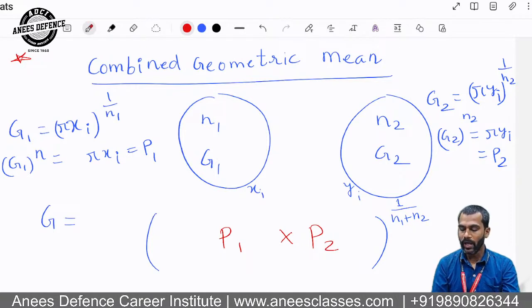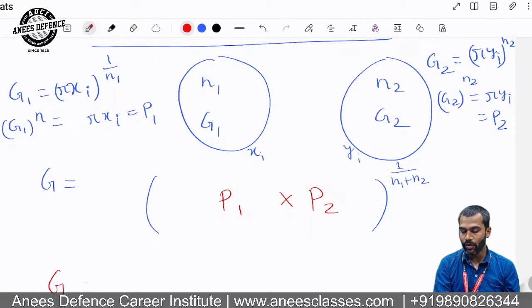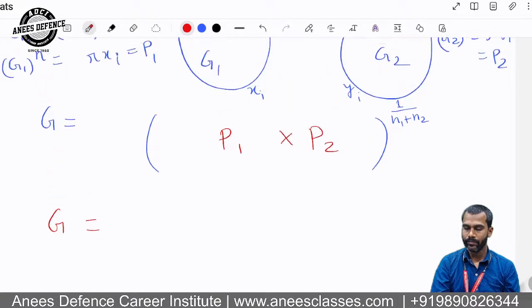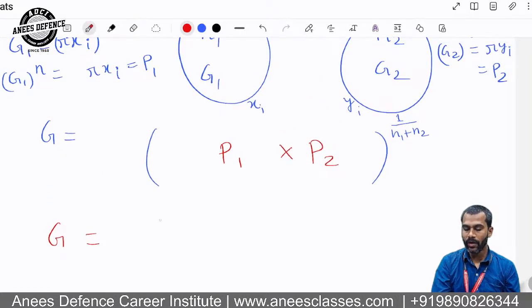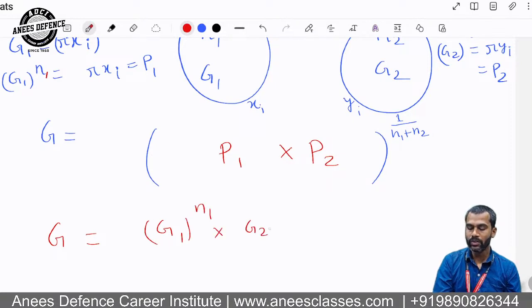Yes or no? So can I say directly G is equal to, what is P1? G1 raised to N1 into G2 raised to N2, and whole power 1 by N1 plus N2. This is nothing but combined mean, isn't it?